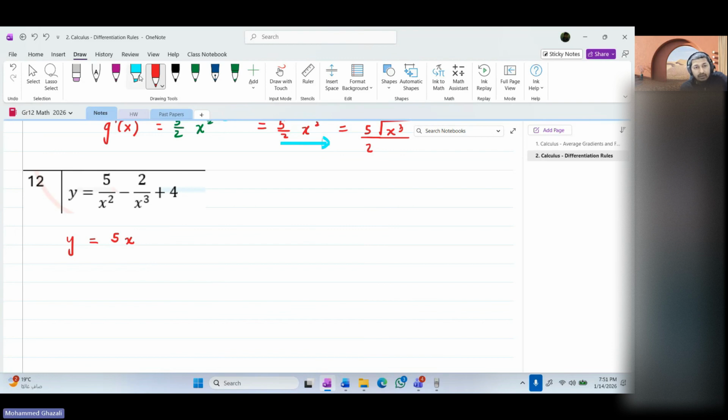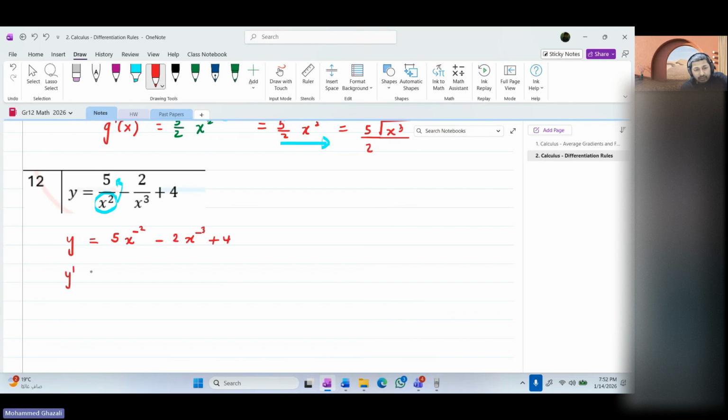Come on, remember, we need to put it in power form. So how can x squared be written? We need to take it up. If you're going to take it up, it becomes a negative exponent, okay? Minus, carry on. 2. Then would you say 2x minus 3? Yeah, to the power negative 3 plus 4.